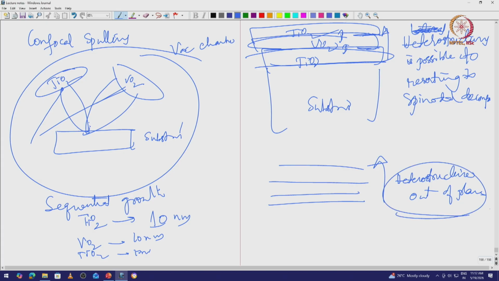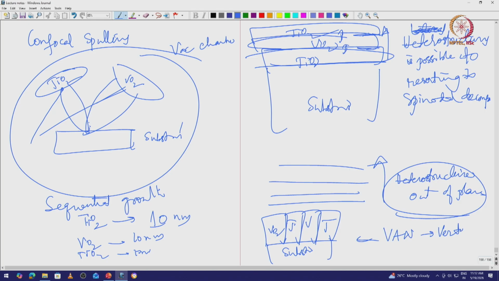Okay. But then we said, all right, I need a device, I need a material where this is the substrate, and I have vanadium oxide here, titanium oxide here, vanadium oxide here, titanium oxide here. I need the so called VANs, or vertically aligned nanostructures.